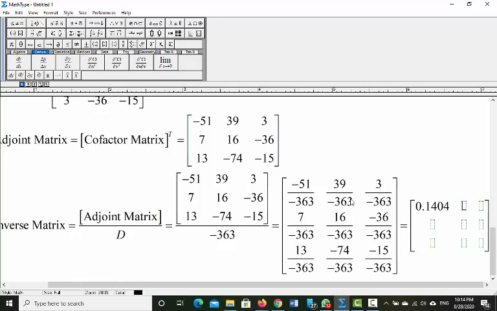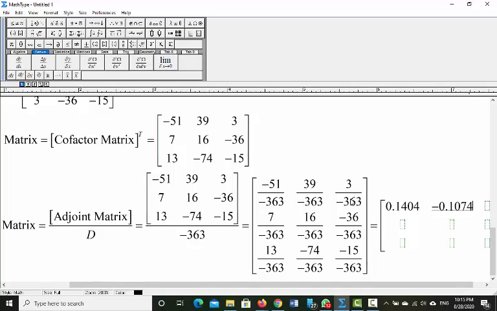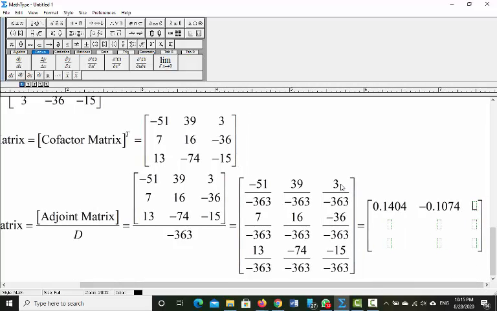So what we will get is minus 0.1074. Now let us divide these. 3 divided by minus 363.